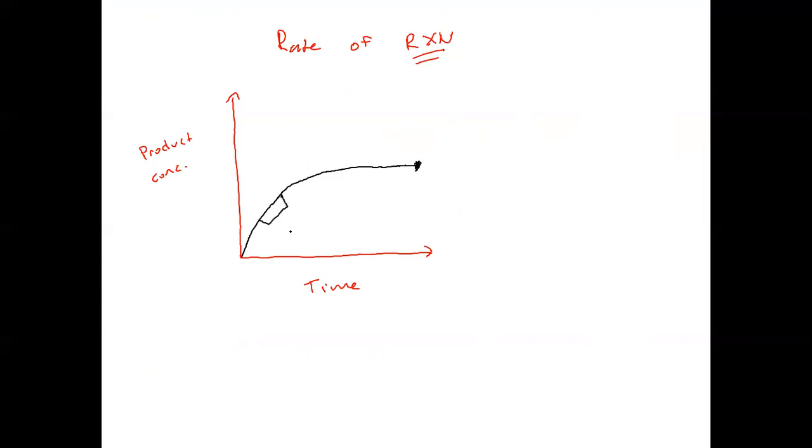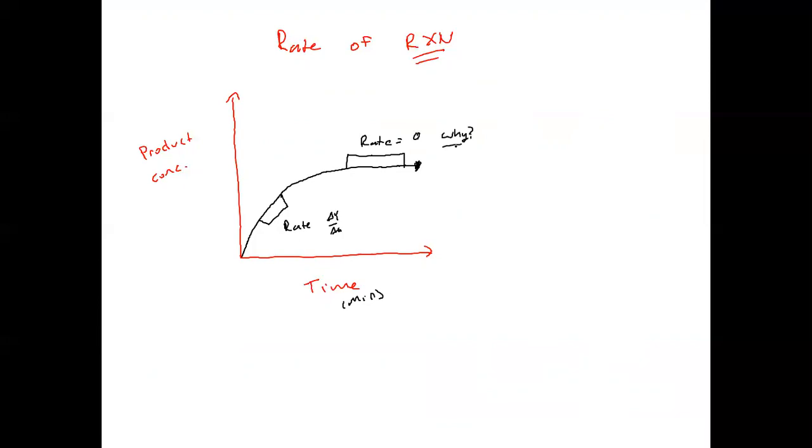If I talked about what is the rate here, remember it's your delta Y over delta T. So let's say time, this is in minutes. In terms of this, the rate is actually a positive value because you're making more product. Now what happens here is that your rate actually equals 0.